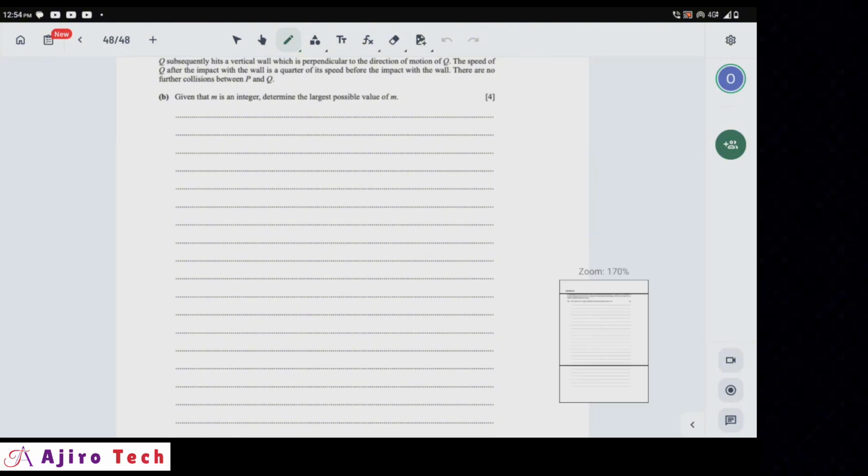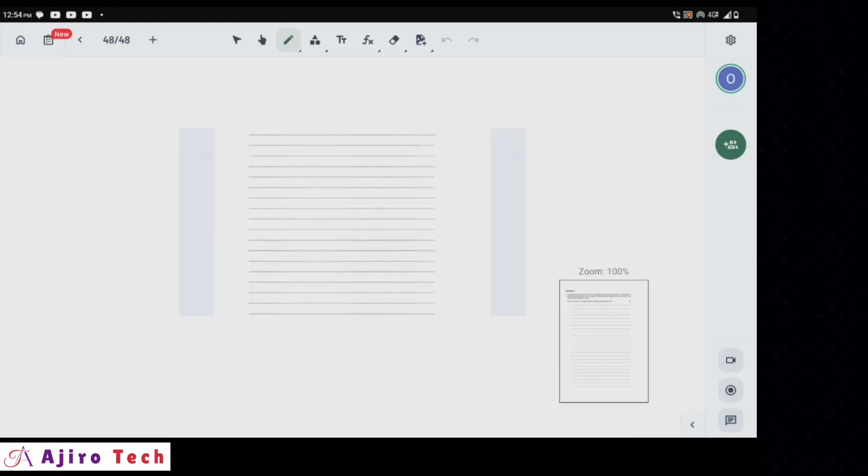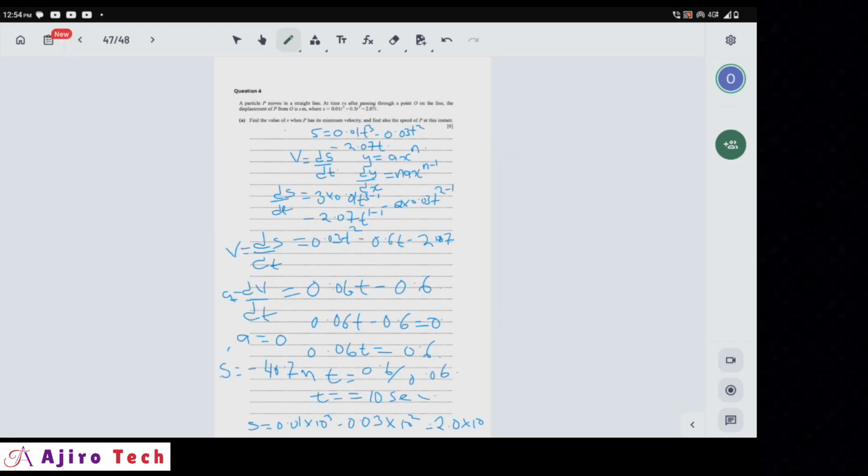And so that's the same thing you are going to do to get the value of your velocity, your speed at time t equals 10. According to my question here, my v is 0.03t squared minus 0.6t minus 2.07.